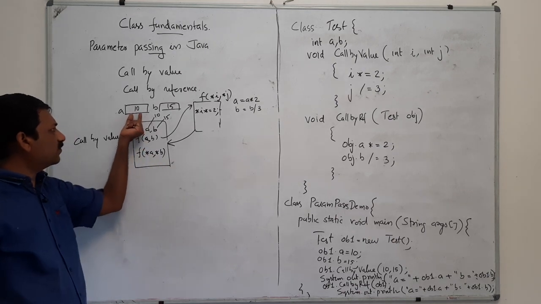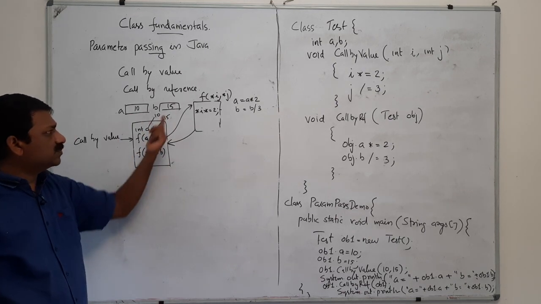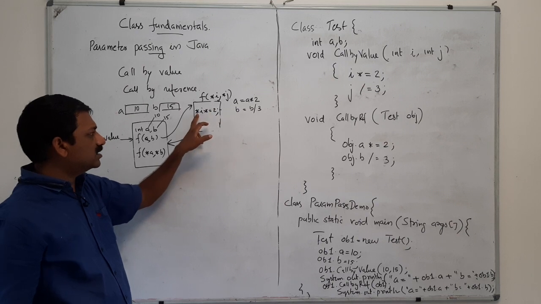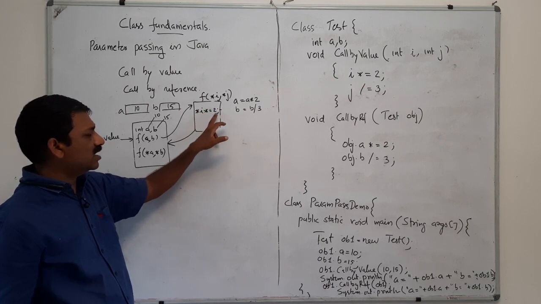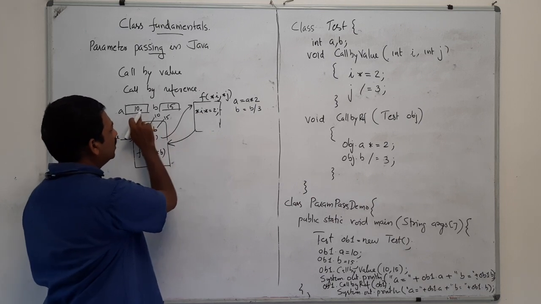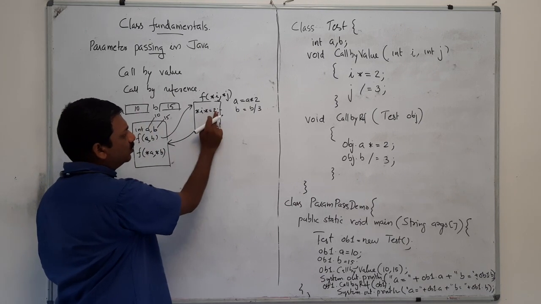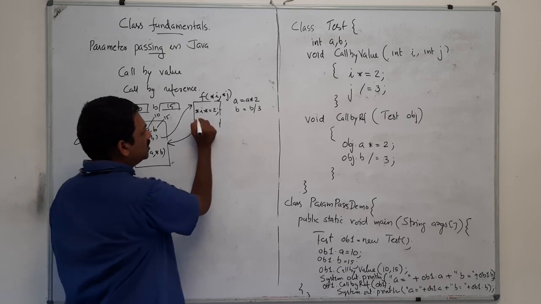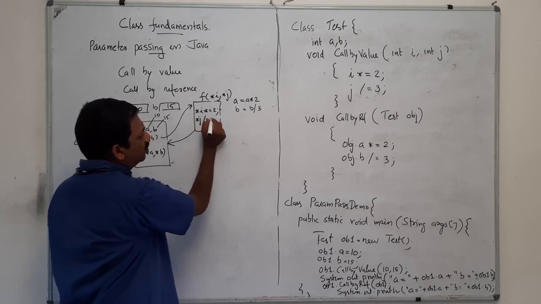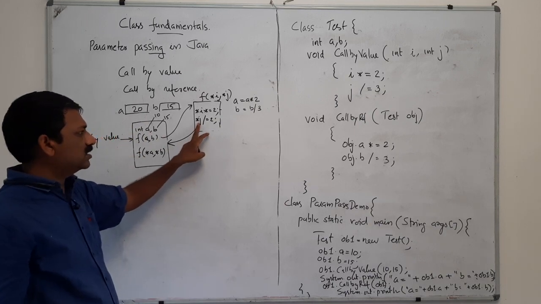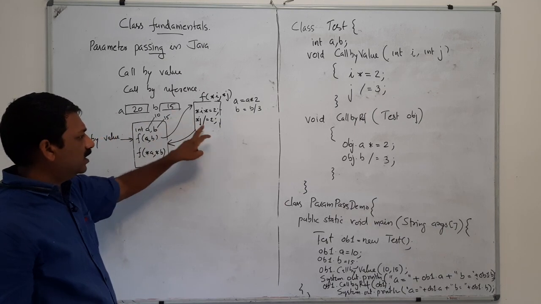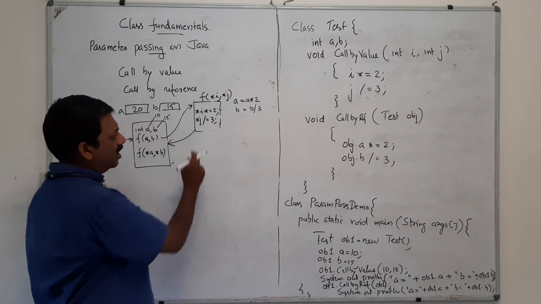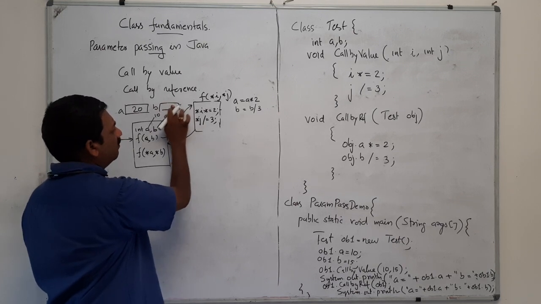That means the address of a and the address of b are passed. Then these are two addresses, and whatever changes you make, star I is equal to star I star 2 means the content of this location, which is 10, is multiplied by 2 and assigned. That means this will become 20. And star j divided by equal to 3: the content of j, star j, is 15, and 15 by 3 is 5, and that is assigned to star j, so this will become 5.